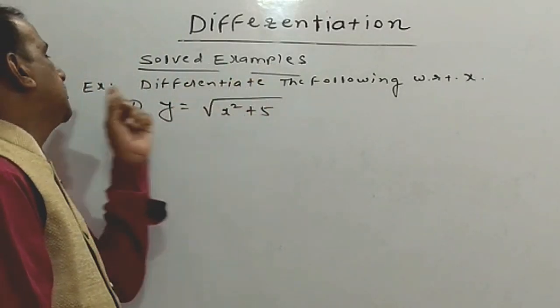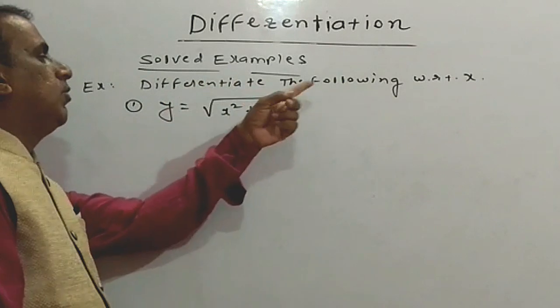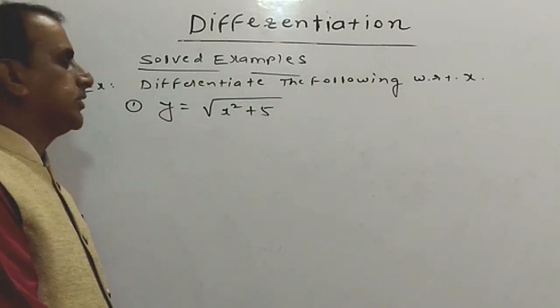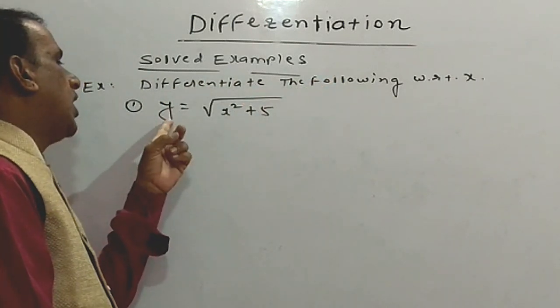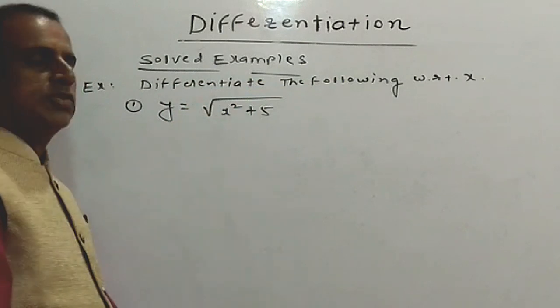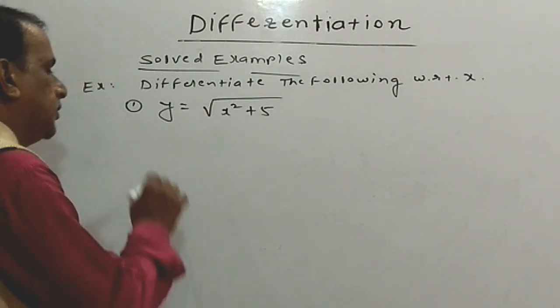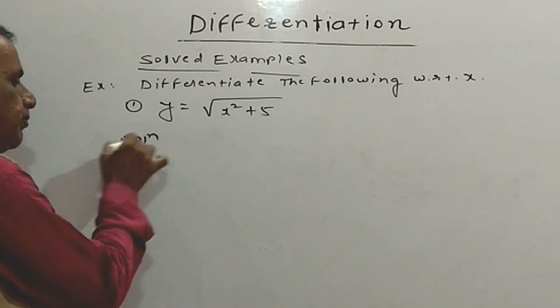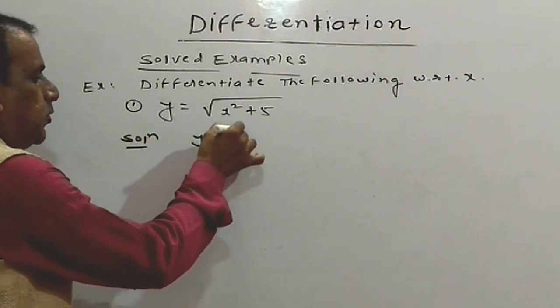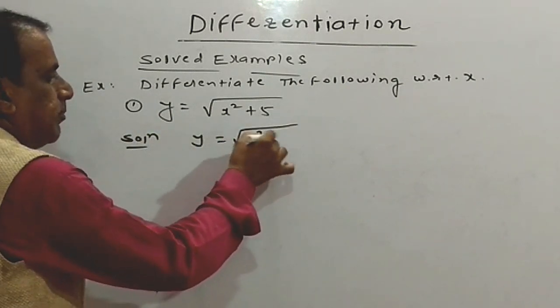Solve examples. Differentiate the following with respect to x. Example number 1, y is equal to square root x square plus 5. Solution: y is equal to square root x square plus 5.